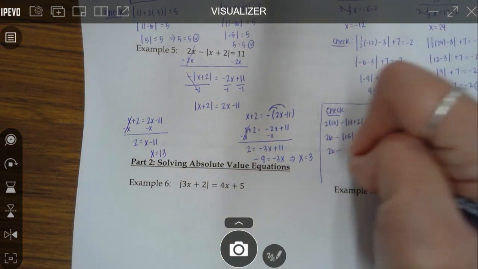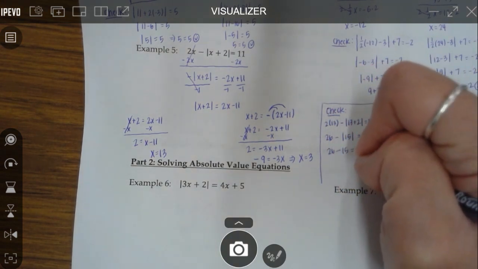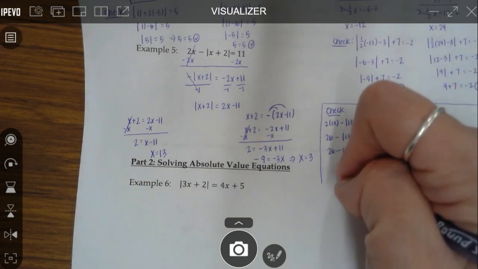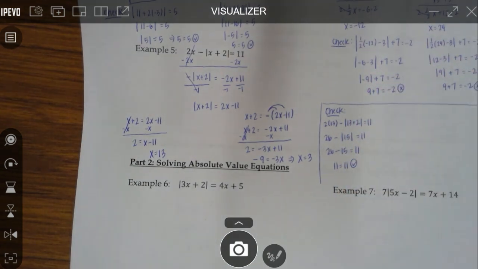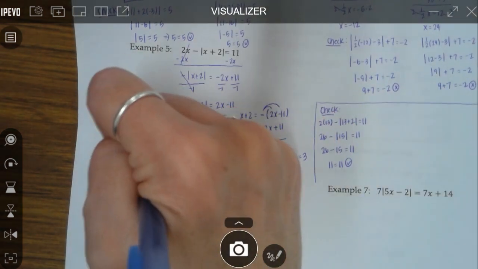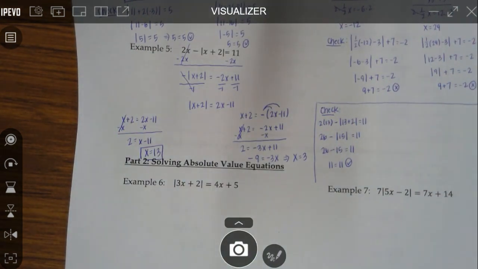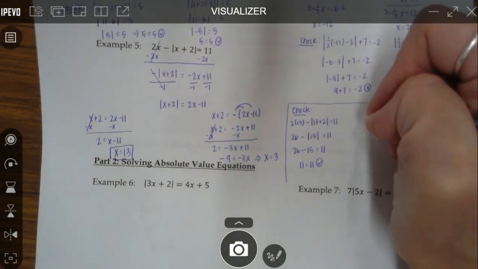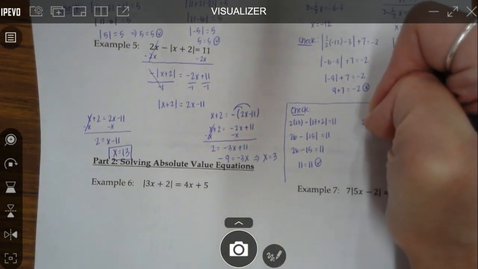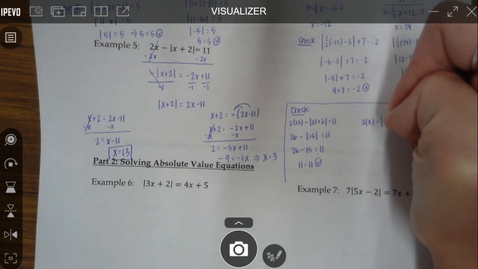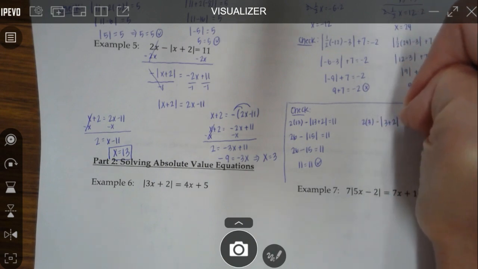So 26 minus 15 equals 11. And that should work. 11 equals 11. So x equals 13 is definitely part of the solution set here. And then I'm also going to want to check this 3. So 2 times 3 minus 3 plus 2 on the inside there.